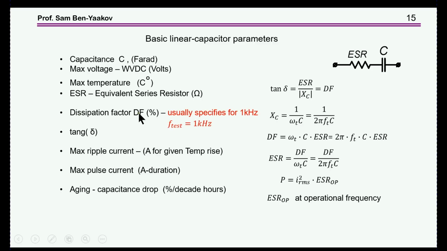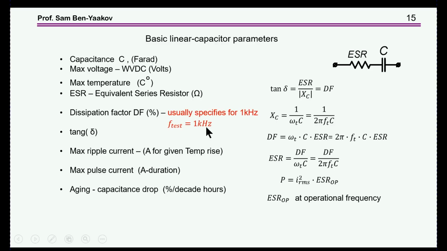Dissipation factor, which is a little bit something of a mystery to some, so let me just say the dissipation factor is nothing but the angle due to the two elements of this impedance, and in particular it's ESR over the impedance of the capacitor. Now, impedance of a capacitor is measured at a given frequency, and as it turns out, the industry adopted 1 kilohertz.